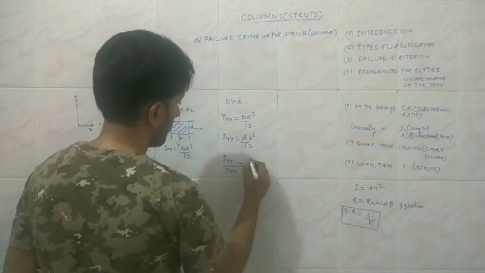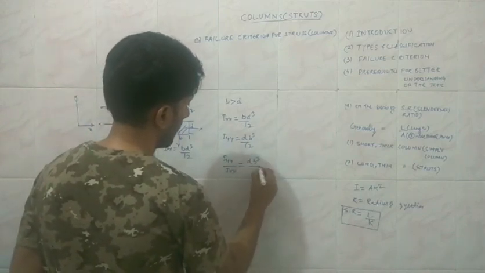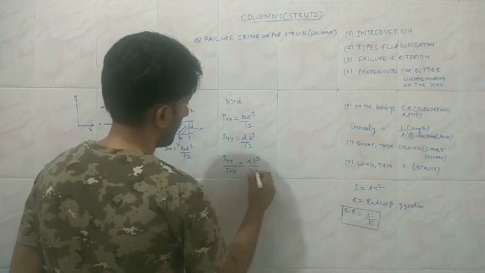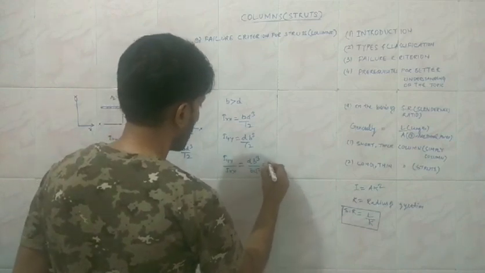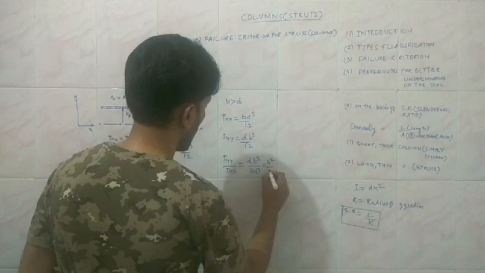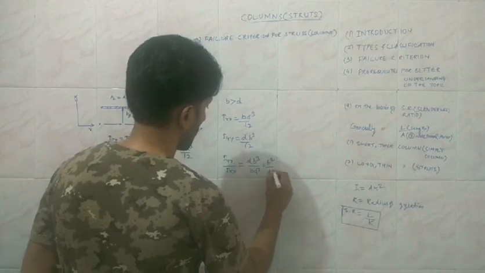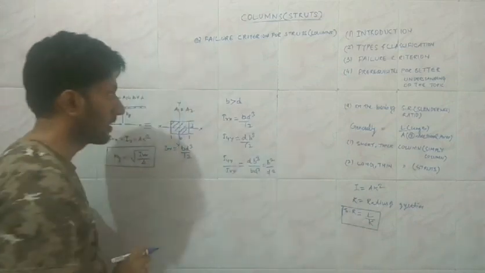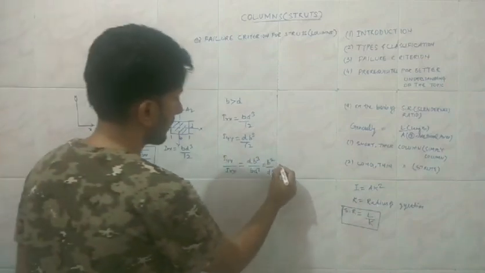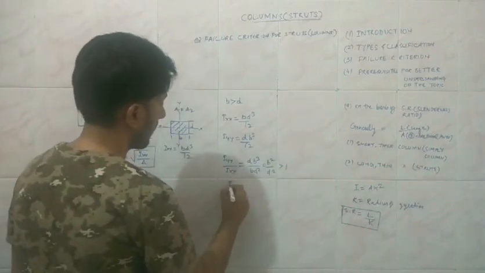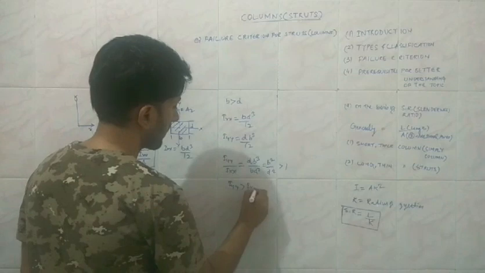So this is equal to db cube upon bd cube, which is equal to b square upon d square. And because we have chosen b greater than d, this ratio is obviously greater than 1. Hence Iyy is greater than Ixx.